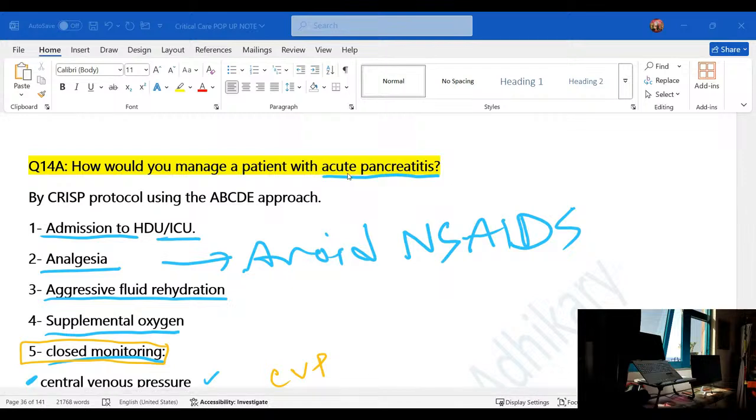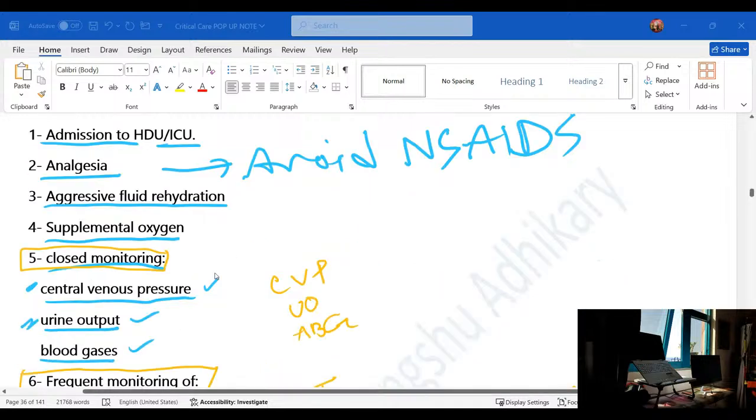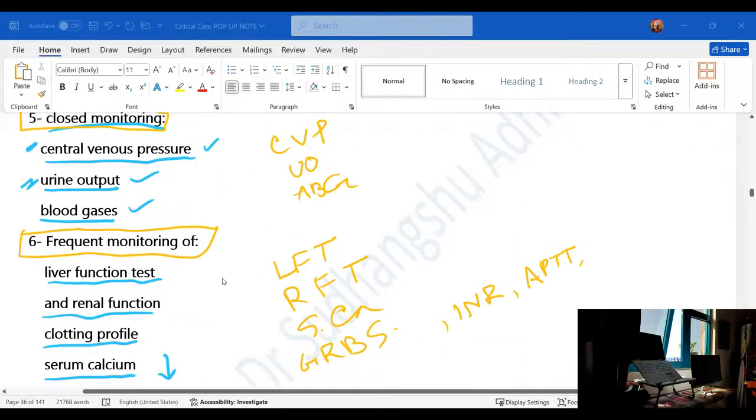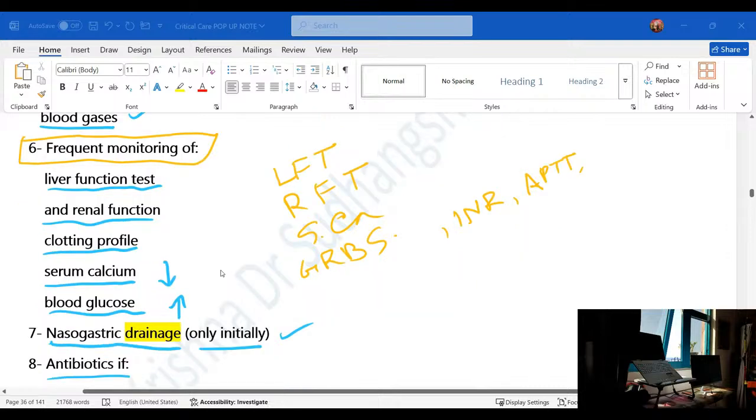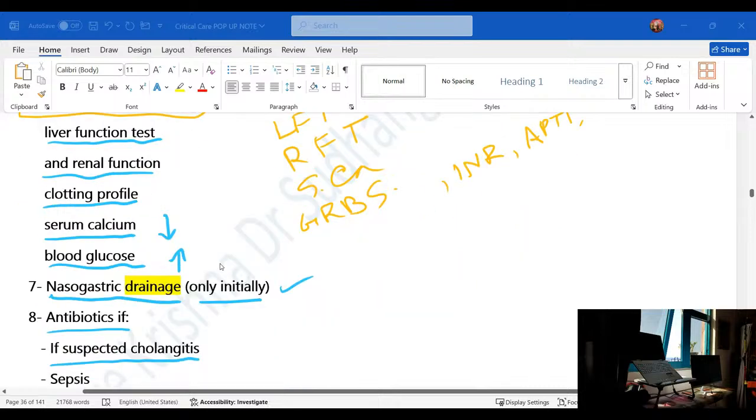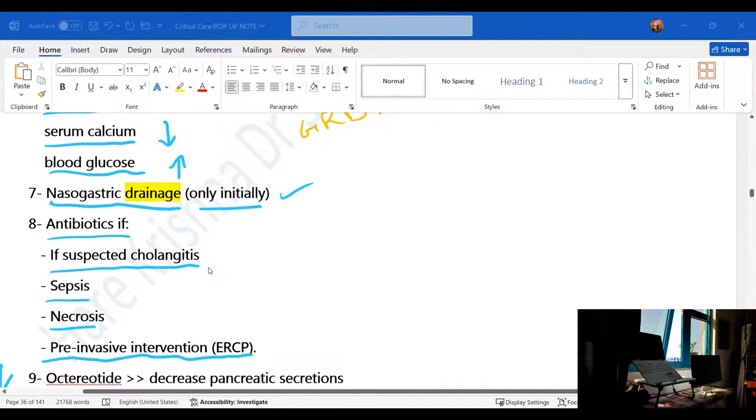By the CRISP protocol using the ABCDE approach, admit the patient in ICU or SDU, analgesia, aggressive fluid rehydration, supplemental oxygen, close monitoring of central venous pressure, urine output, blood glucose, frequent monitoring of liver function test, renal function test, clotting profile, serum calcium, nasogastric drainage.